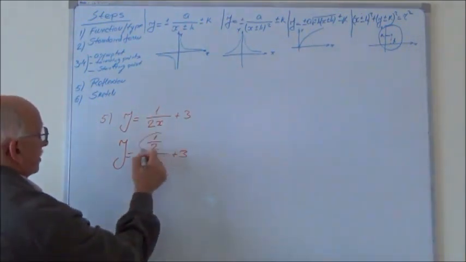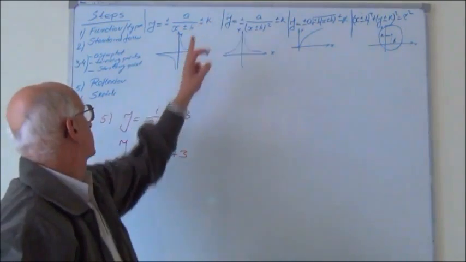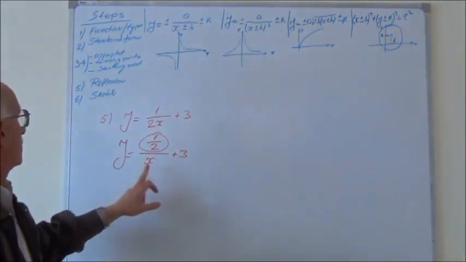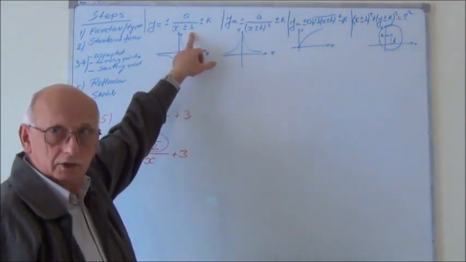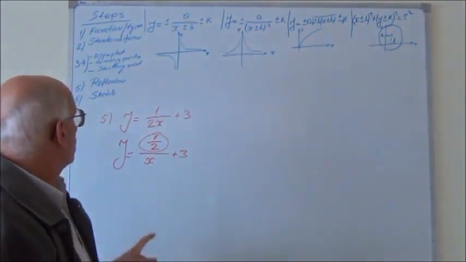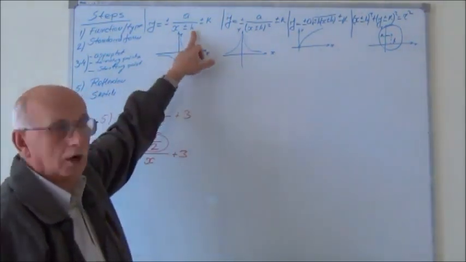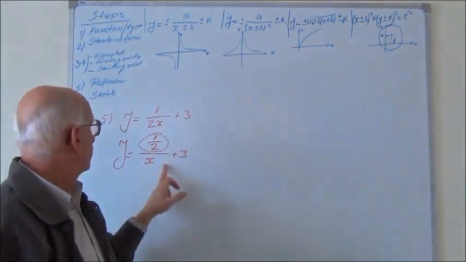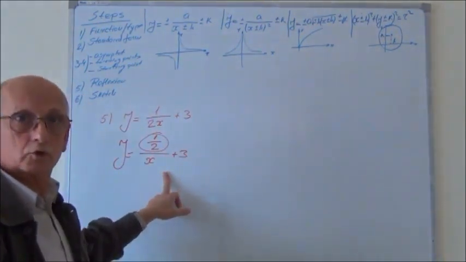Okay, now we have our reflection factor. We have a vertical translation, it's okay. Here we have x like this one, but we don't have h. So if we don't have any other number, we can claim that the horizontal translation in this example is equal to 0.